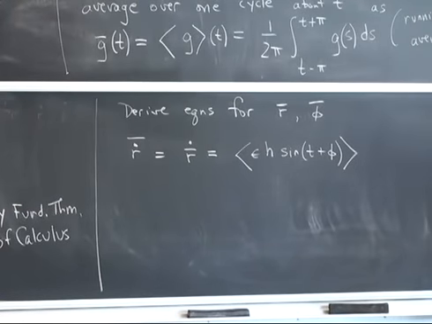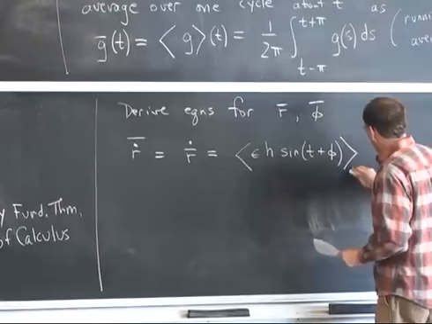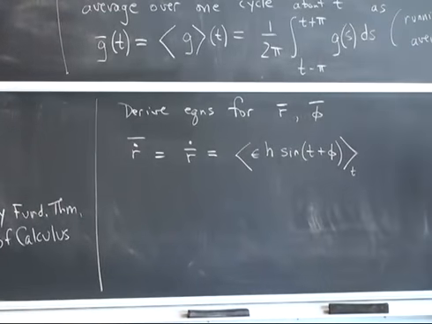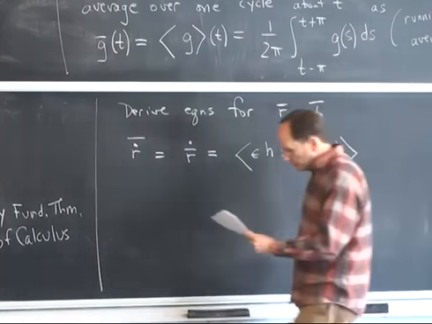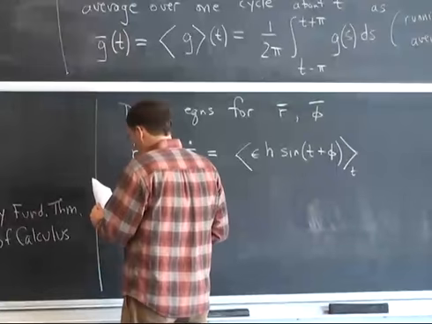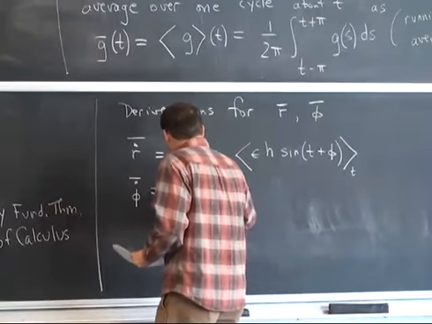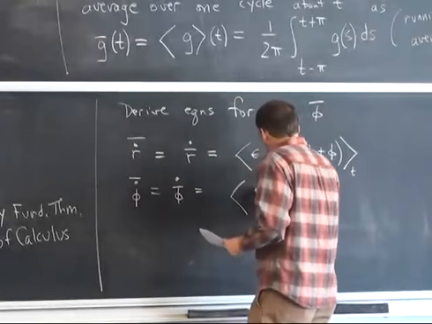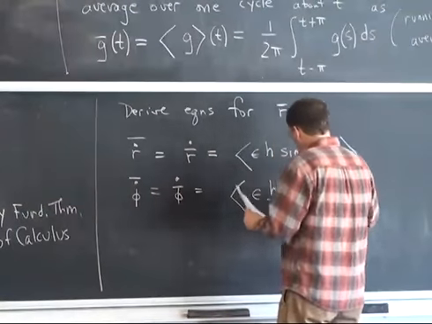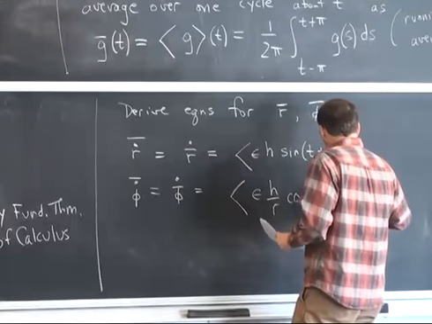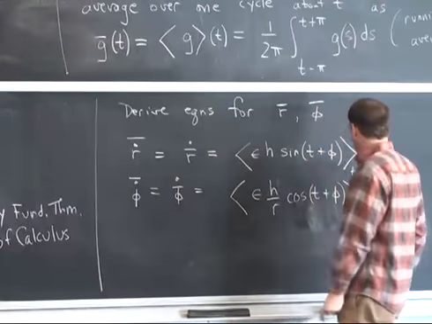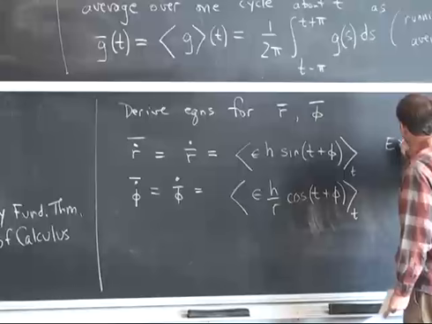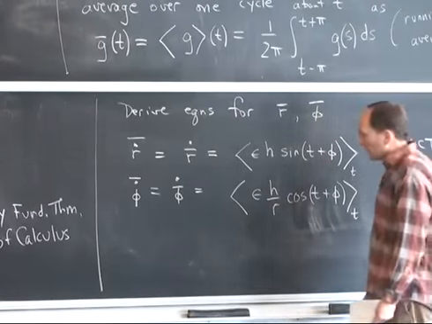Where the average, in case there's any ambiguity, means with respect to the variable t, we're averaging in this way that we talked about, the 2 pi running average. Okay, and then similarly, I have phi dot bar is phi bar dot is, from that earlier formula, the average of epsilon h over r cosine t plus phi. And everything is exact still. We haven't made any approximation yet.